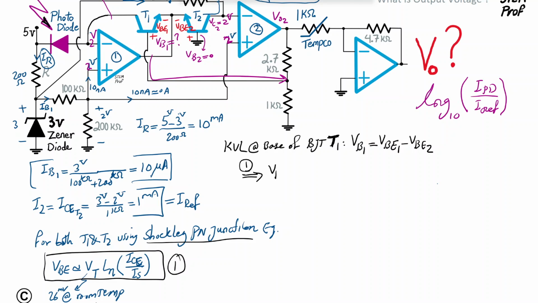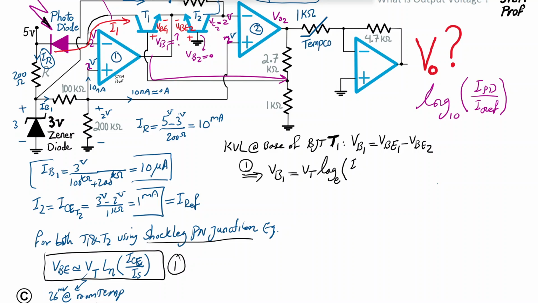So voltage of base of 1 is equal to VT natural log, so let's make it log base E, which means natural log. And then we have I collector emitter 1. Let's refer to that current, the current of transistor 1, which effectively is the current of the photodiode.